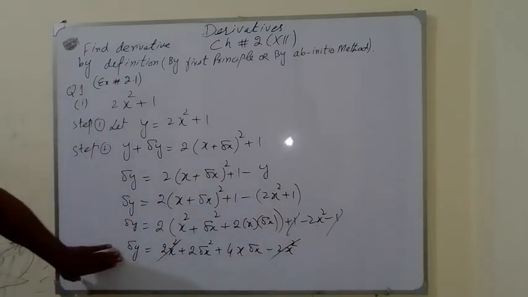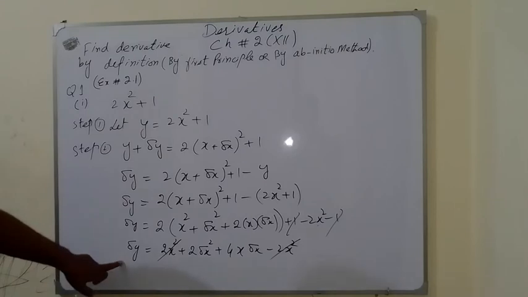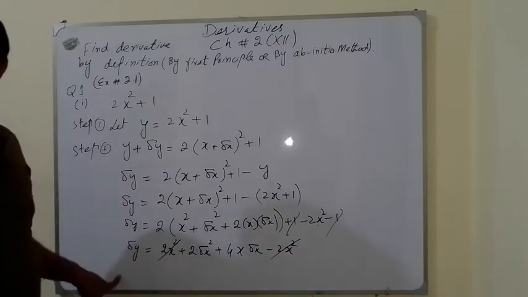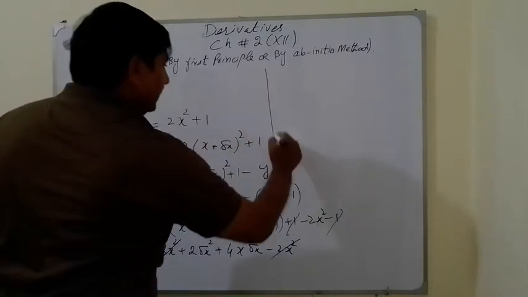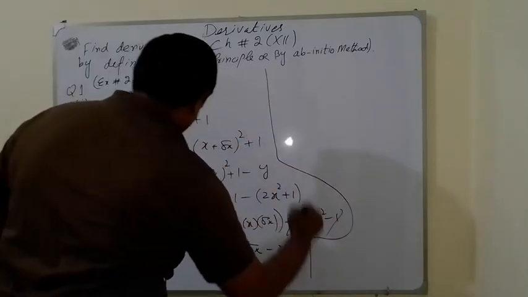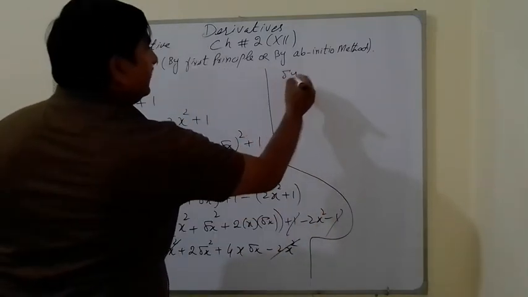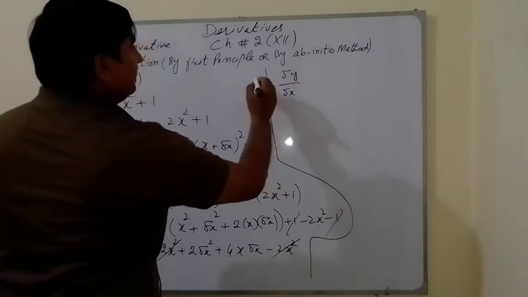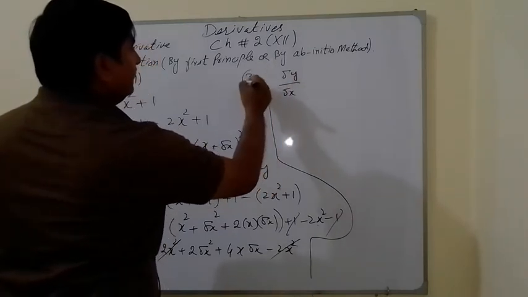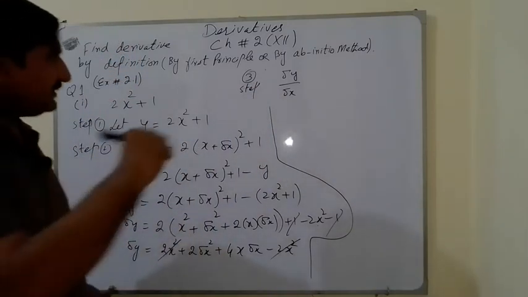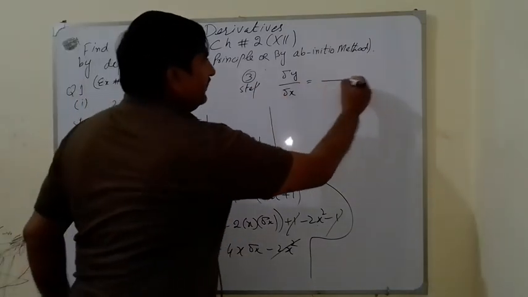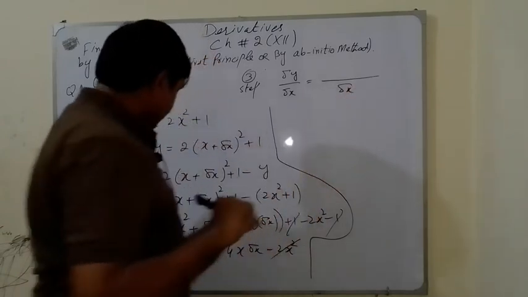So the next step, in the method of by definition or by first principle, is that we have to divide both sides by delta x. Whenever we divide both sides by delta x, look at this: delta y over delta x. You can say this is our third step, and definitely we have to divide the right hand side also.